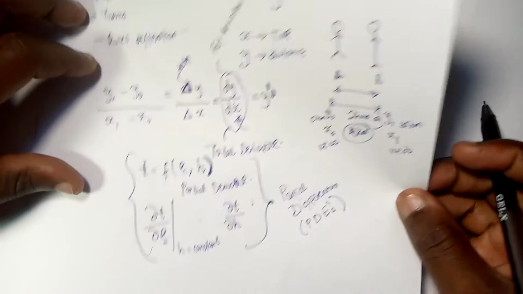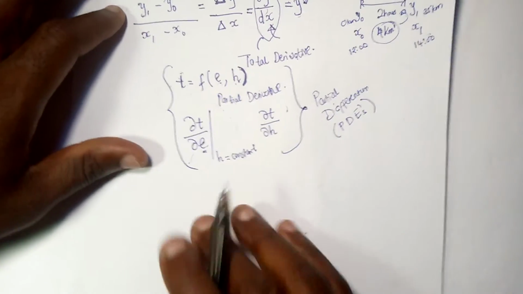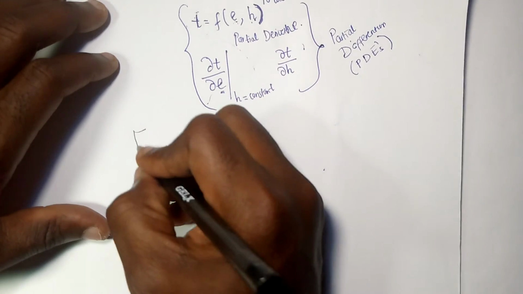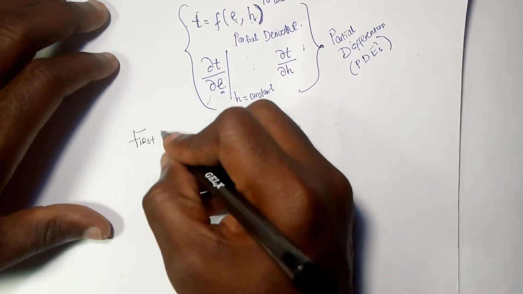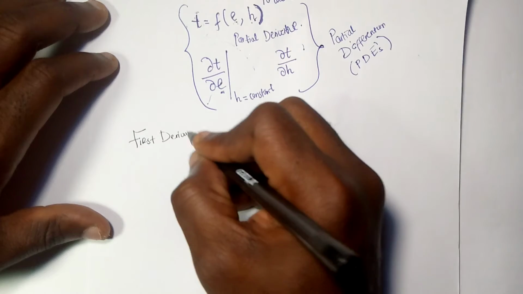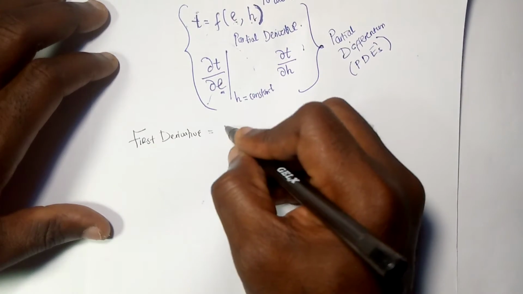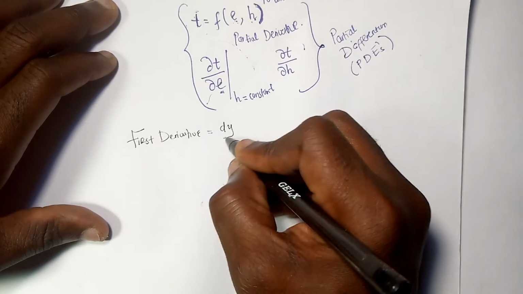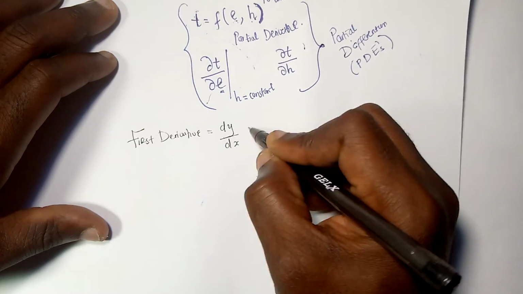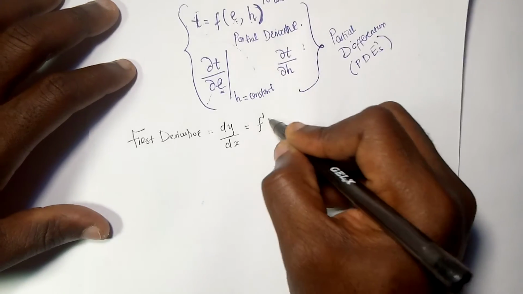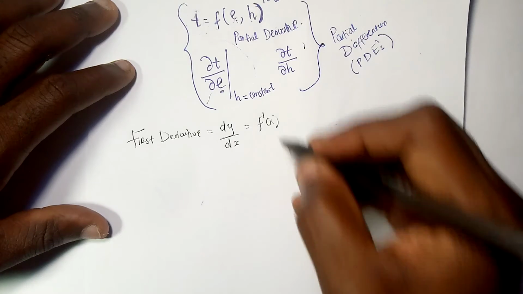So you can have a first derivative. So first derivatives, I'll just write here. These ones are usually denoted as dy over dx, which is also written as f prime of x, okay?